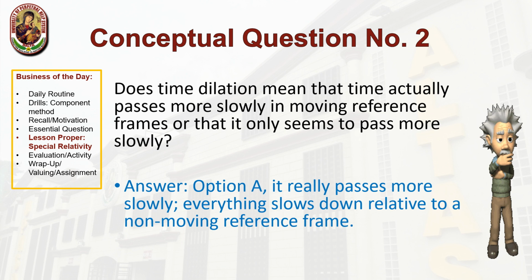So, for example, pag magbibilang ka, 1, 2, 3, 4, 5, the regular interval wherein you would be able to get 1 minute for 60 seconds, gano'n din naman yung nandun sa spaceship mo. Pero nga lang, kung i-compare mo siya doon sa nasa Earth or doon sa at rest na observer, mas mabagal yung sa'yo compared sa kanya.